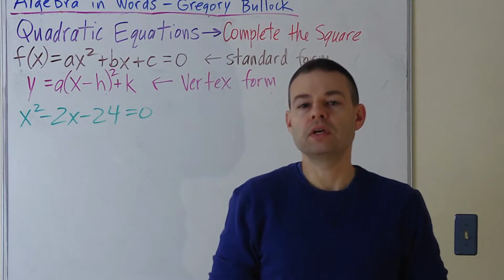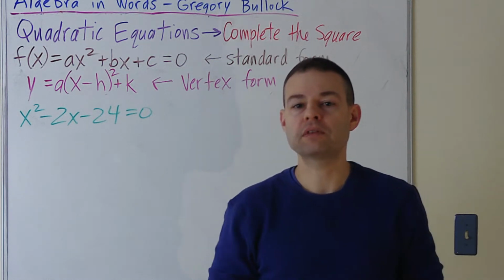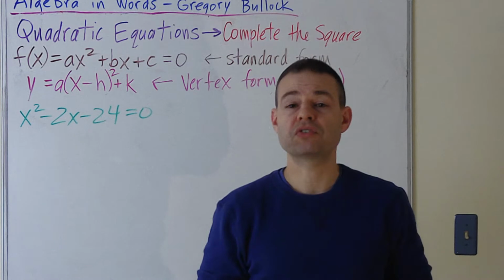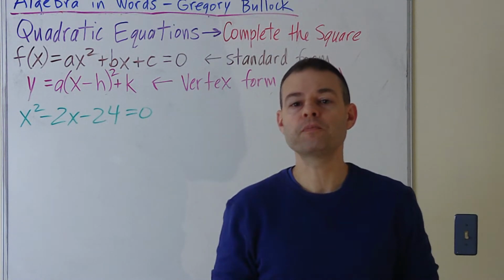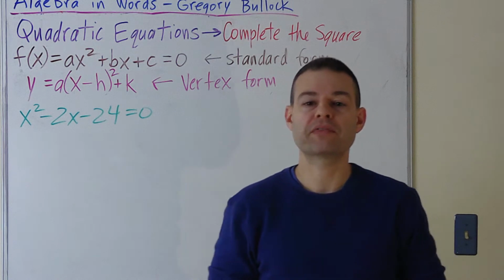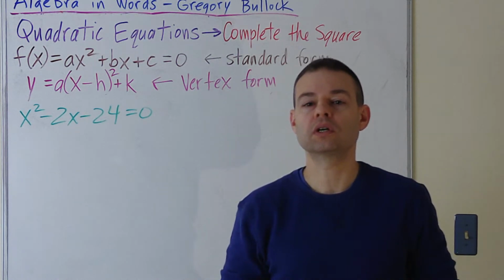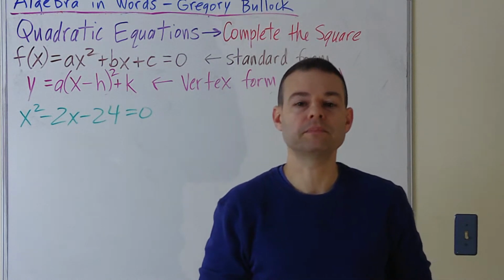In truth, the ultimate default method to use would be using the quadratic formula, in my opinion, and I'm going to go over that in the next video. However, complete the square method is one method that will work almost foolproof all the time.